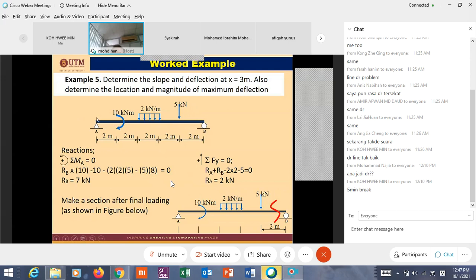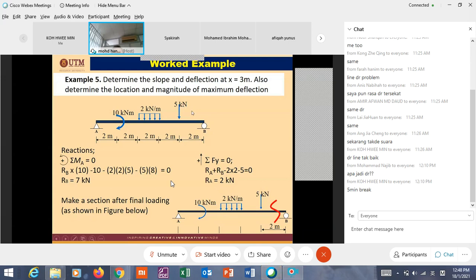We start from here x, pass one loading, again pass two loadings, again pass all the loading.